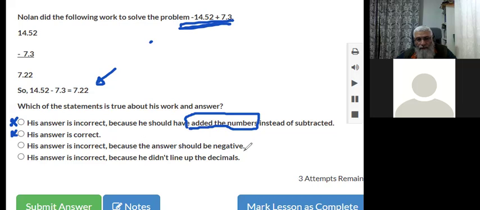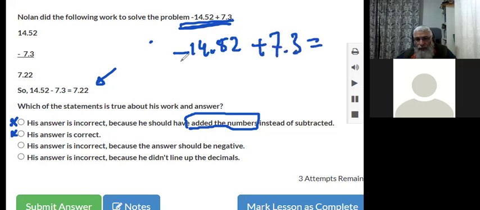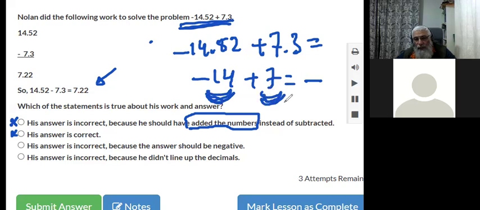Is this correct? No. Why? This is negative 14.52 plus 7. So the answer should be positive or negative? What is negative 14 plus 7? The sign should be negative. Why? Because the absolute value of 14 is greater than the absolute value of 7.